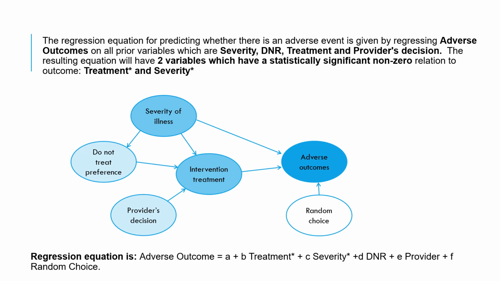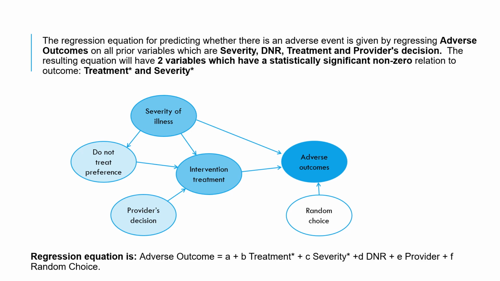We will not be focusing on random choice because it is not a common effect, so it's unrelated to the treatment and is considered a random variable or a descendant of the treatment in the network. However, it is not a parent of adverse outcomes.